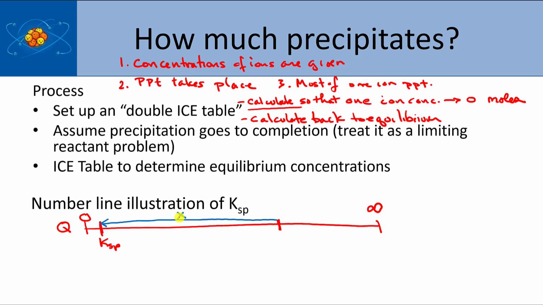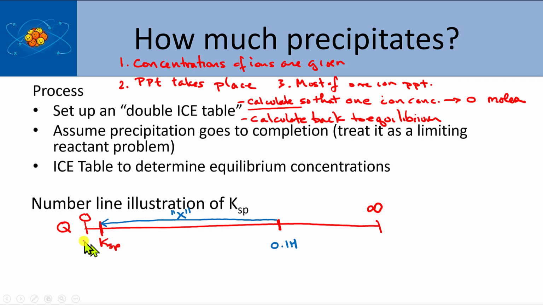Now, it might be 2x for one, x for another, 3x, but anyway it's related to x. So let's say this is a number like 0.1. In terms of molarities, let's say everything came out to be 0.1 molar. Again, this is Q, so you would have to do all the calculations, but let's just pretend. That's what 0.1 molar looks like on this scale.